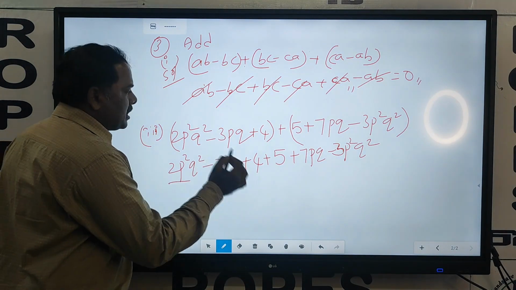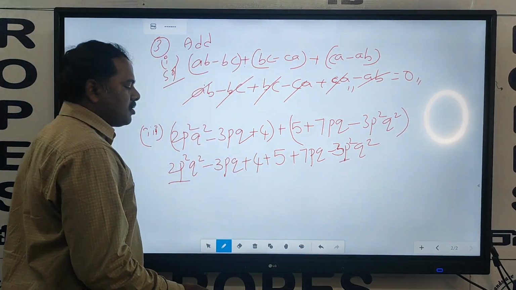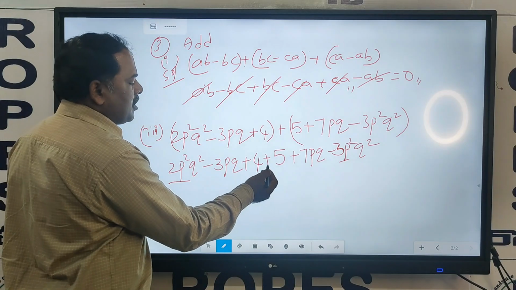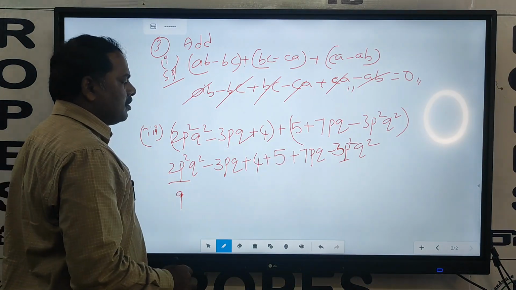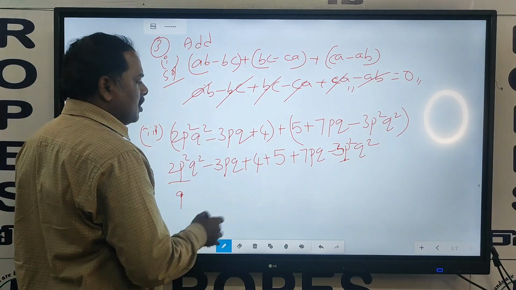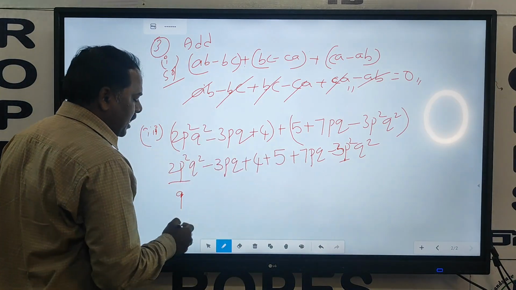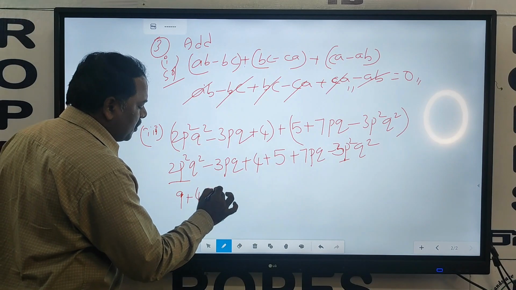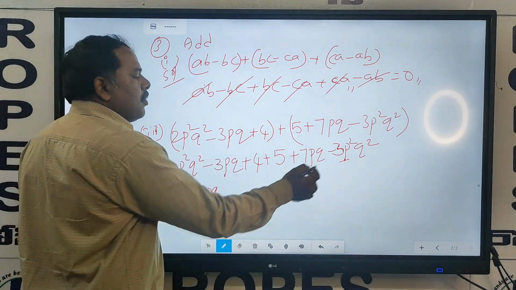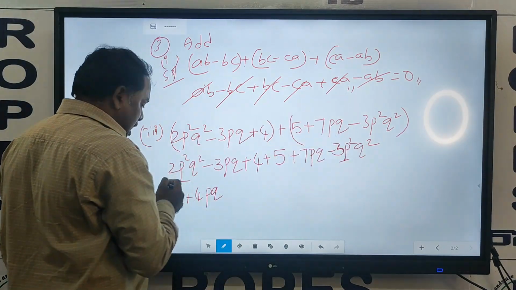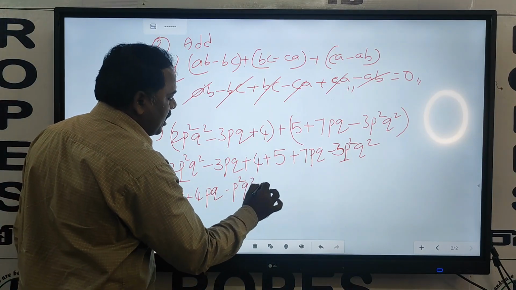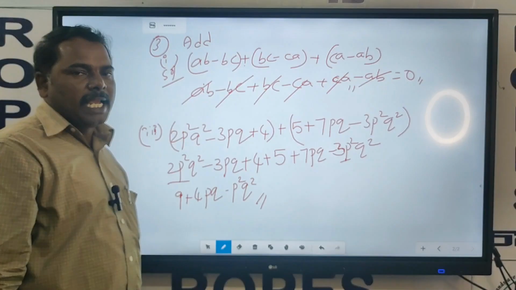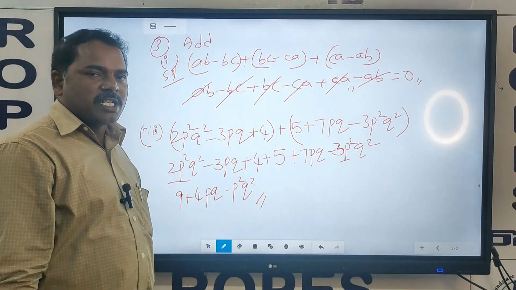See now, 4 plus 5, 9. Now, 7pq minus 3pq is 4pq. Minus 3p square q square plus 2p square q square means minus p square q square. This is the method how to add the given algebraic expressions.